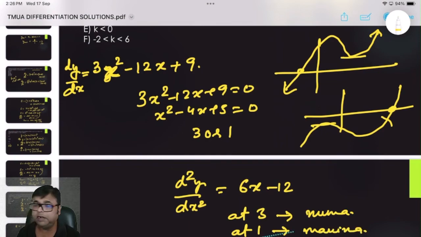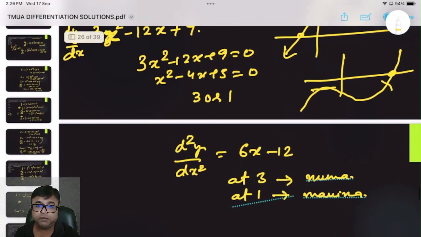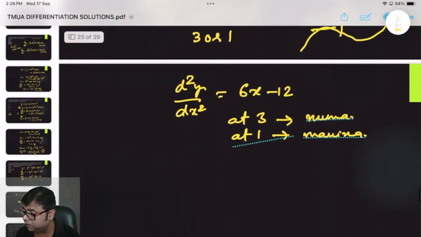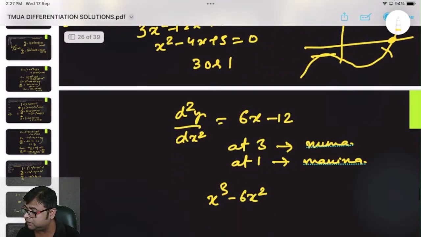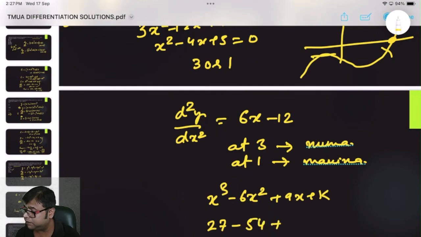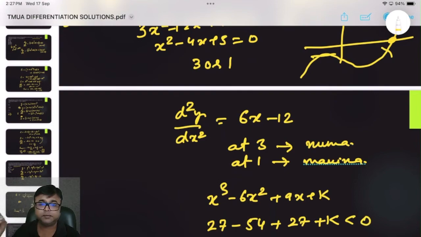So what I have to understand now is that the value of the function at 3 should be negative, at the minimum. My function is x cube minus 6x square plus 9x plus k. Now if I put 3 in this, it should become negative. So 3 cube is 27 minus 6 nines are 54 plus 9 threes are 27 plus k should be less than 0.